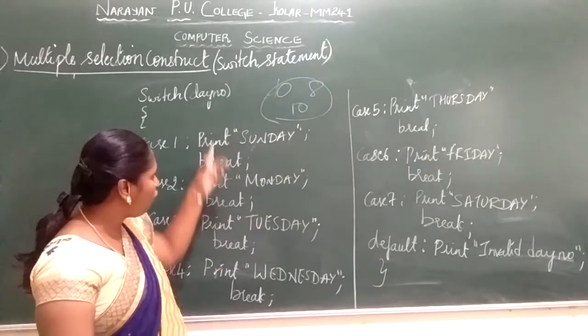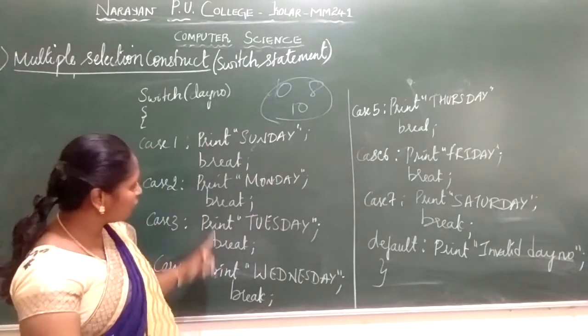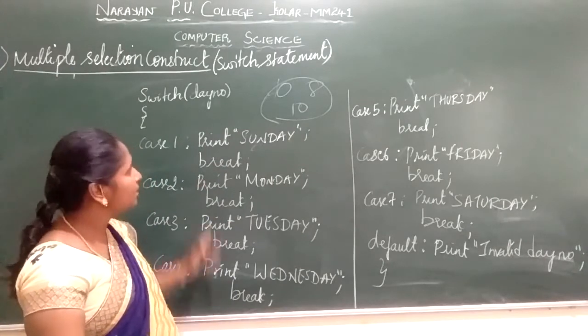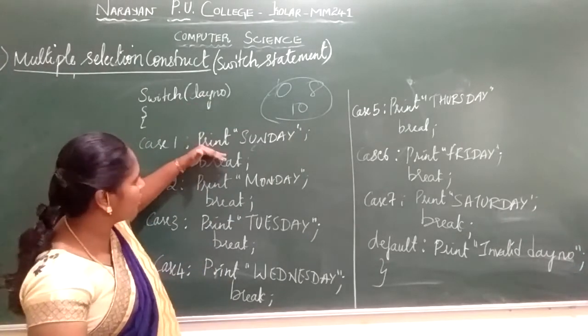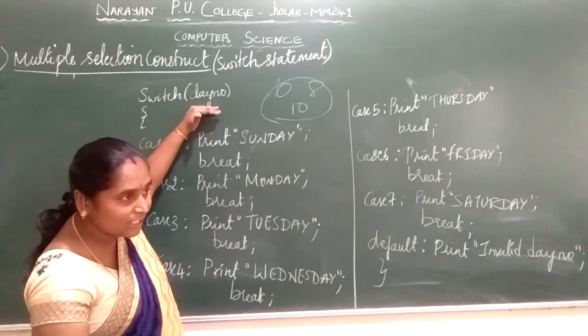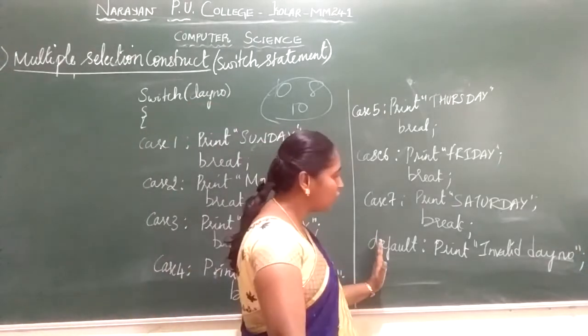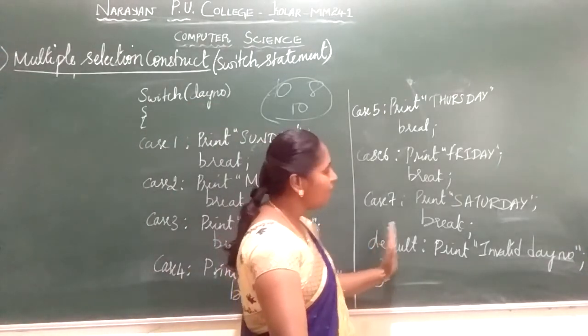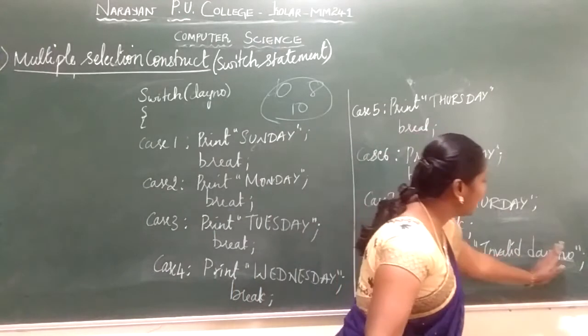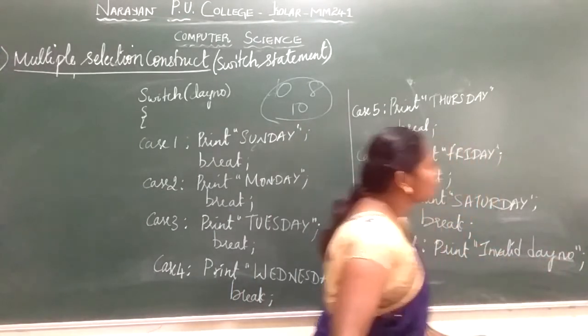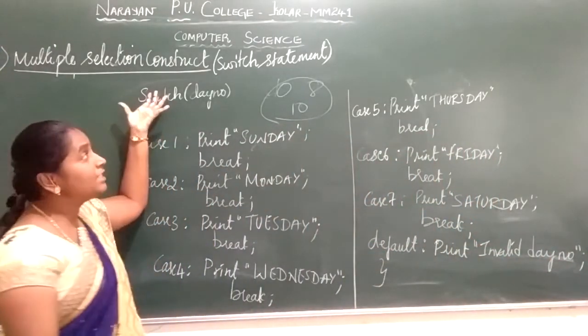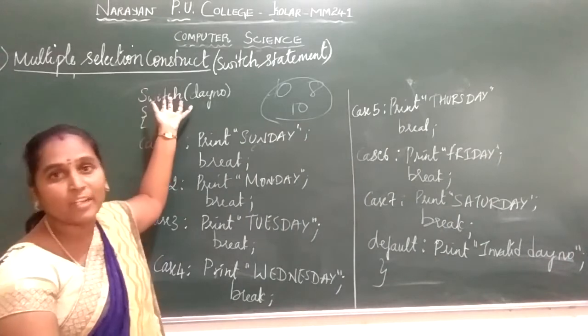It keeps on checking the numbers. If none of the values of the expression match, it will come to the default case, where it is going to print invalid day number. So this is how your multiple selection, or switch statement, works.